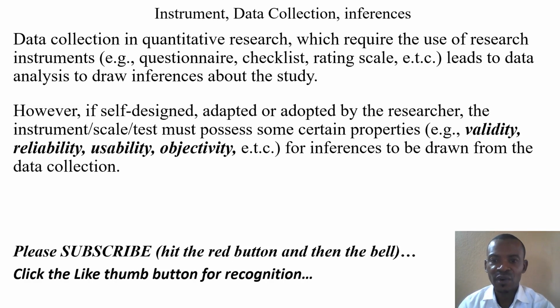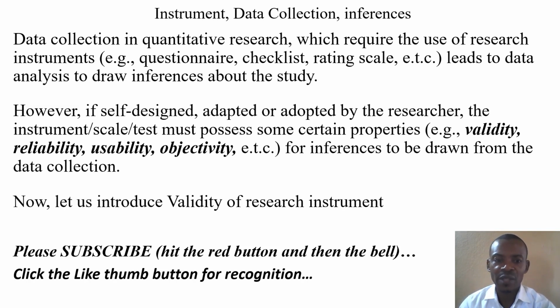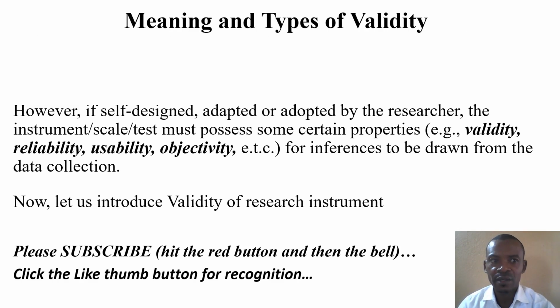And the essence is for us to draw inferences from that data analysis. That tells you the importance of some of these properties, such as validity, in drawing inferences about our study. Now let's proceed to the lesson and discuss what validity is and introduce the different types of validity.